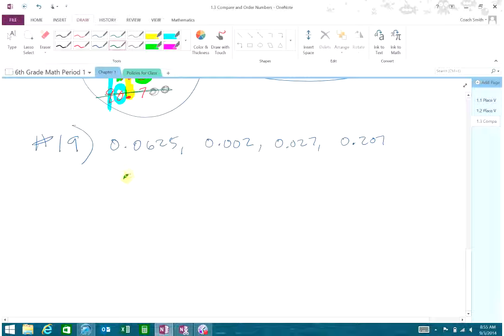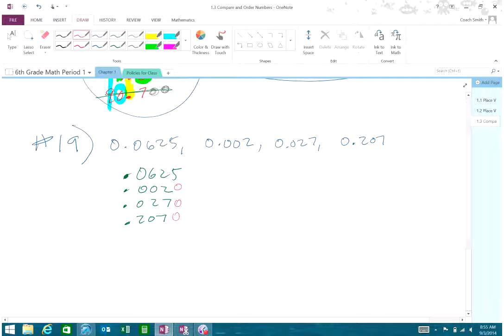I'm just going to list them with their decimal. Now I'm going to add a 0 to each of these because they don't have the same as the first one.